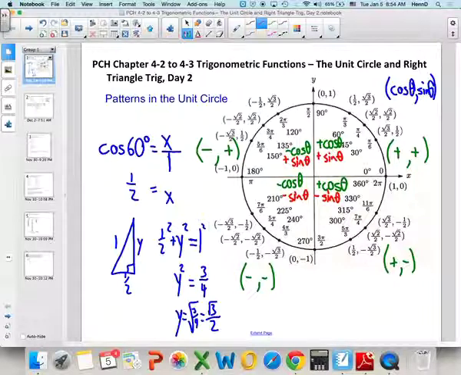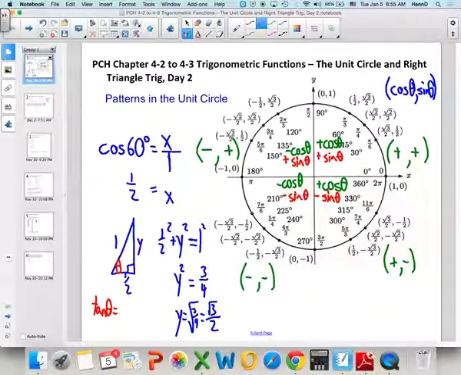Now, there's one other trig function that we don't see directly, but we did mention how we could get it. What's our third trig function? Tangent. Tangent, if we look back here, if this is our angle, the tangent of theta would equal what?